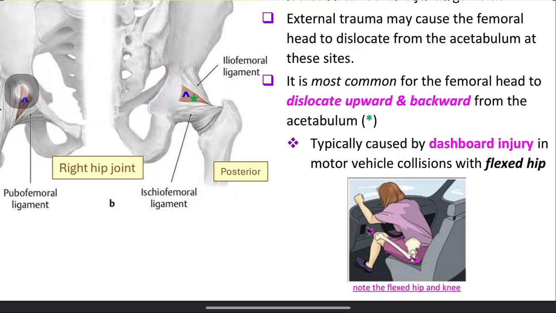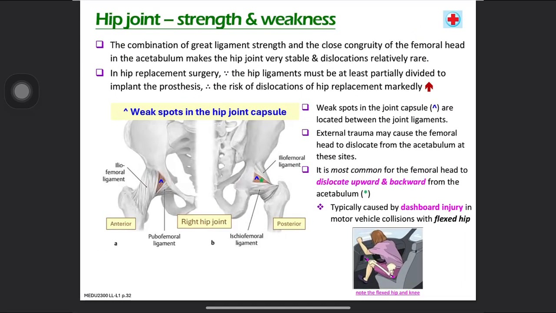So this actually increases the chance of hip dislocation. What if this woman is after surgery? It could be even worse, okay?